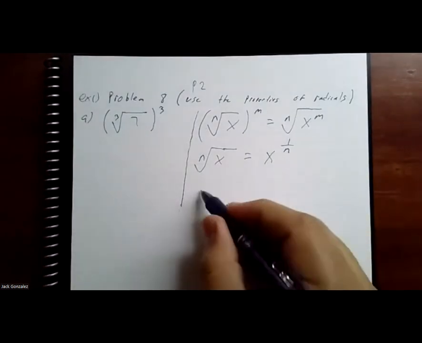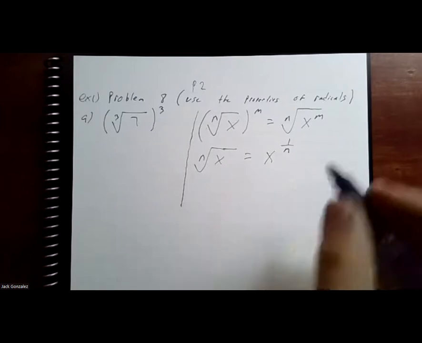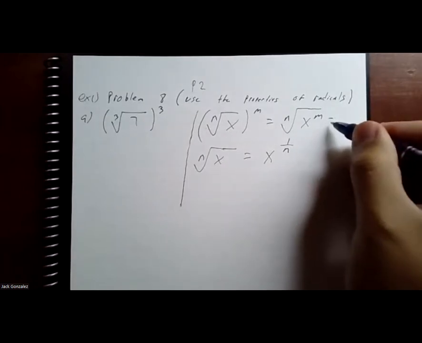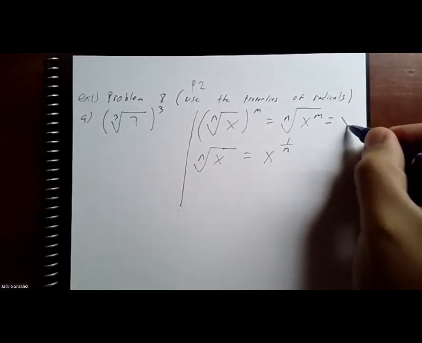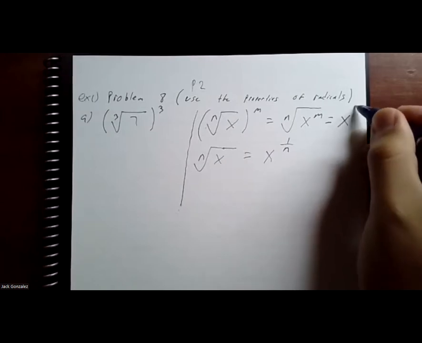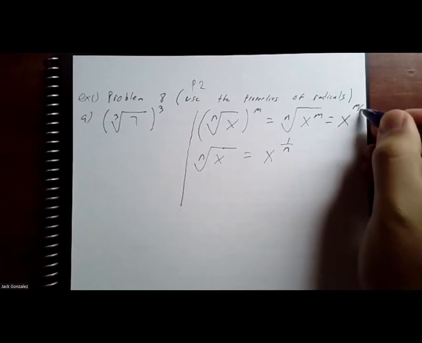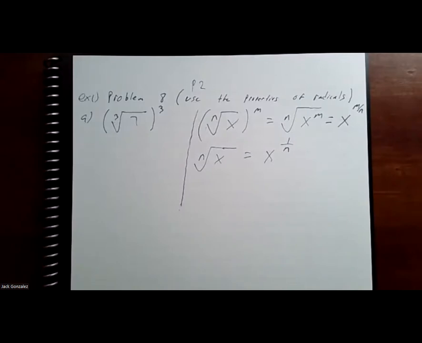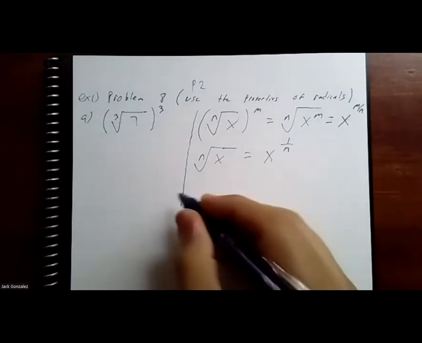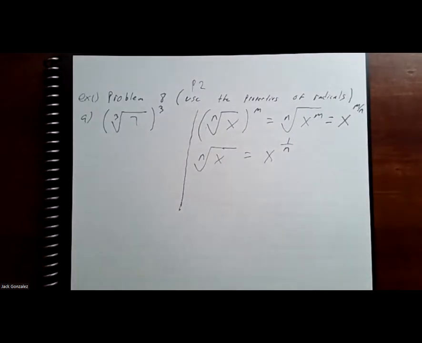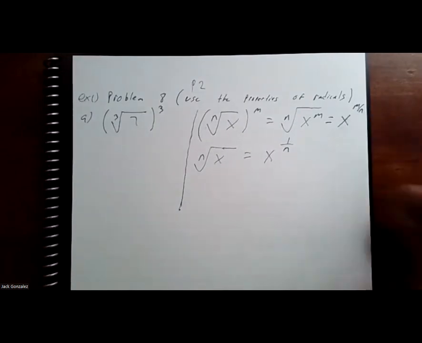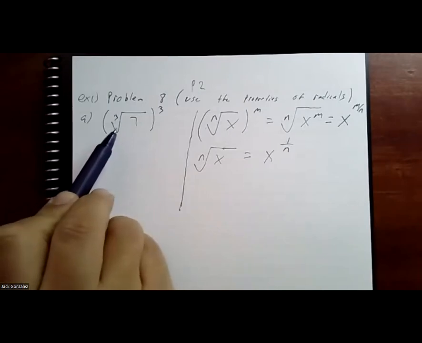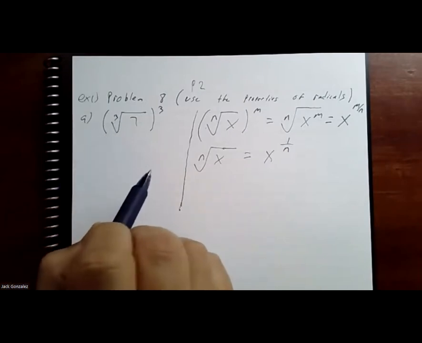Also, let me give you one more. This is the same as x to the m divided by n. These are all the same. And that's why the roots cancel, because of this. You know how when you square a square root, they cancel out, right?